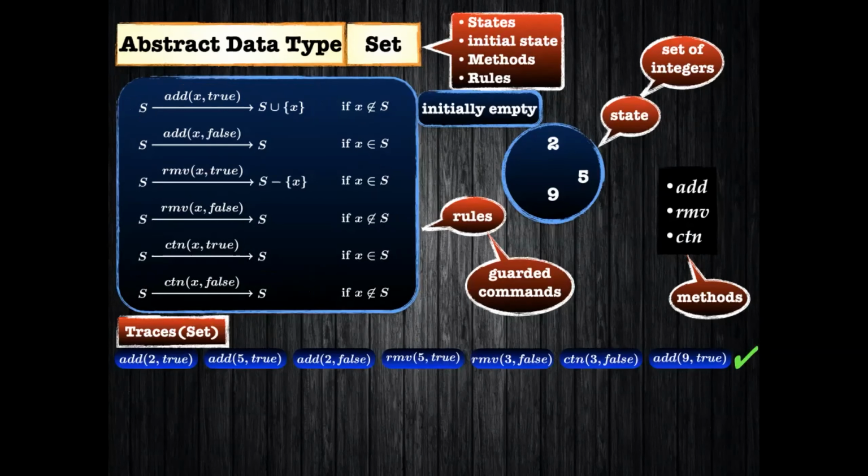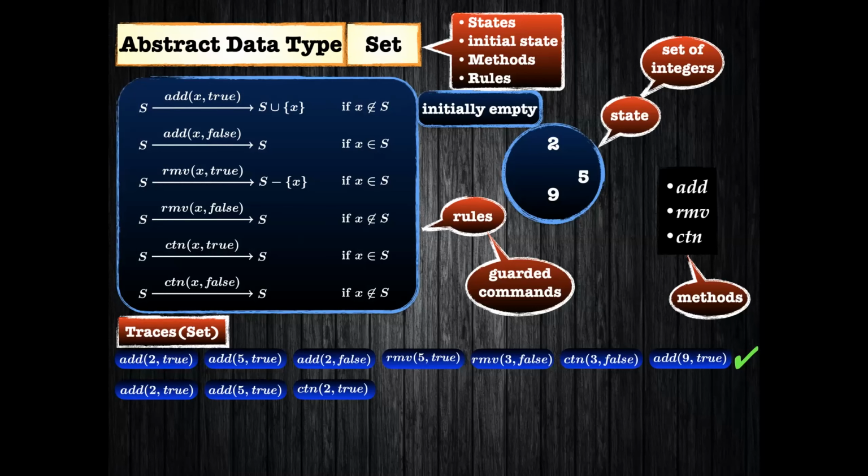And now I define the set of traces of the abstract data type set by being all the traces that I can generate systematically applying the rules, namely starting from the initial state, which is the empty set, and then applying enabled rules to the intermediate states. And this is a trace that we generated in the previous slide. So indeed, this is by definition a member of this set. So the set of traces of an abstract data type, a set in this case, is defined by all the traces I can generate according to the semantics that I defined.